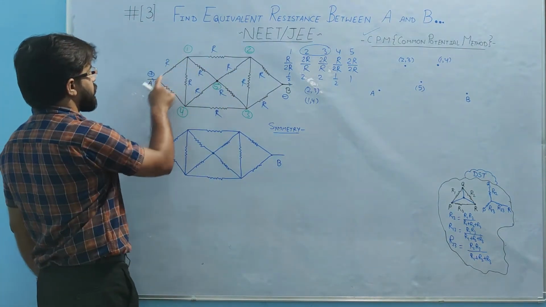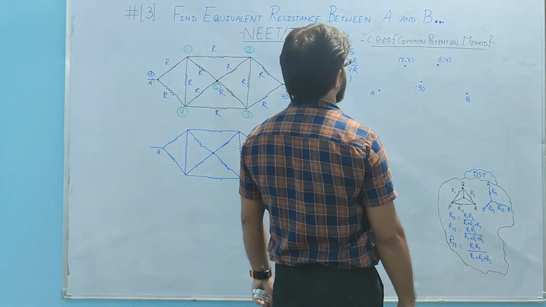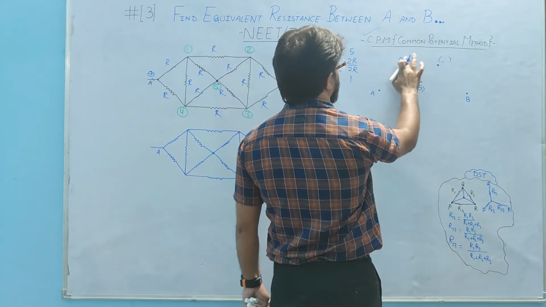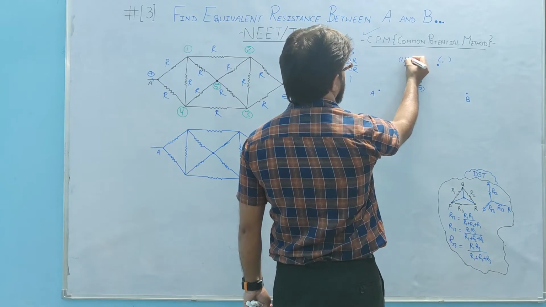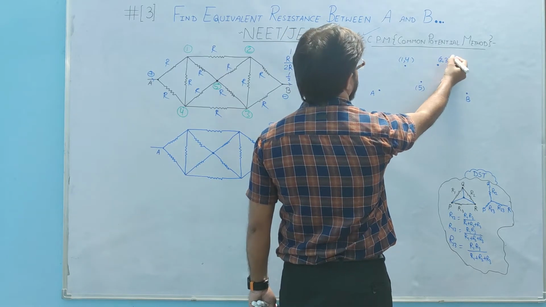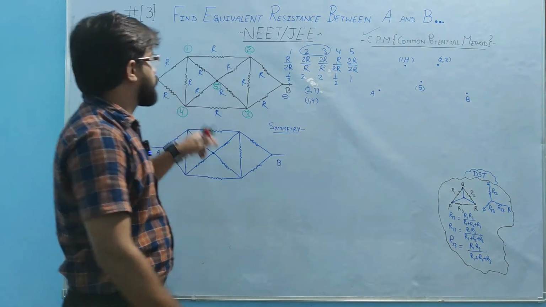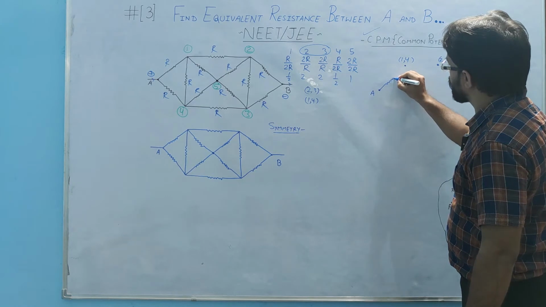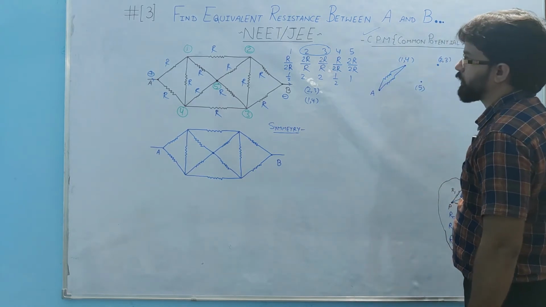A to 1, A to 4. I am taking 1 and 4 on this side because 1 and 4 are nearby A; otherwise the circuit would look complicated. So A to 1, A to 4.